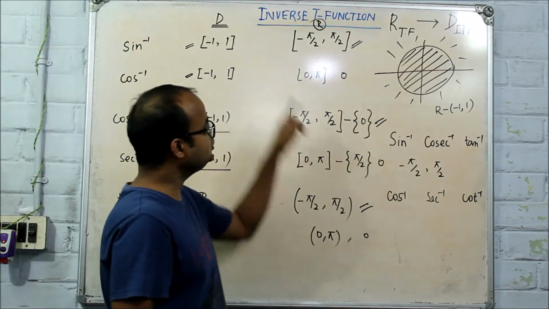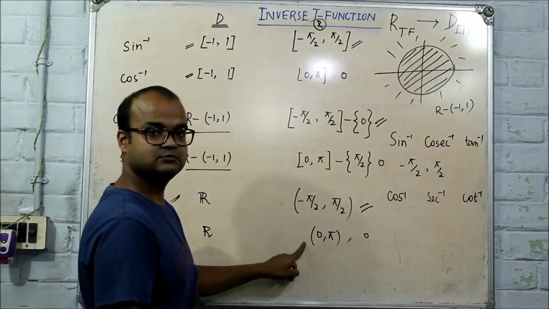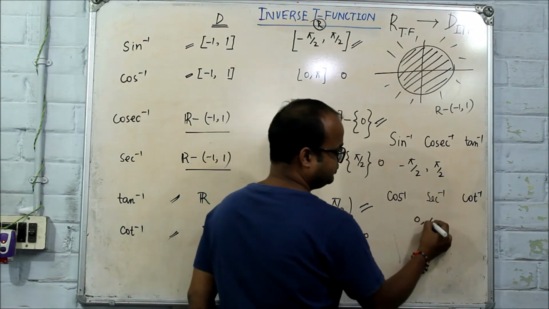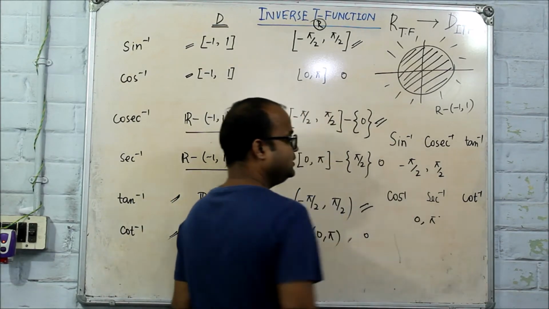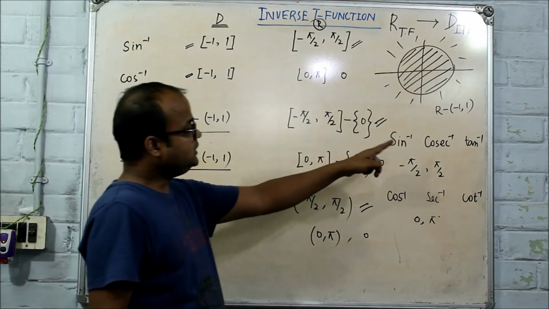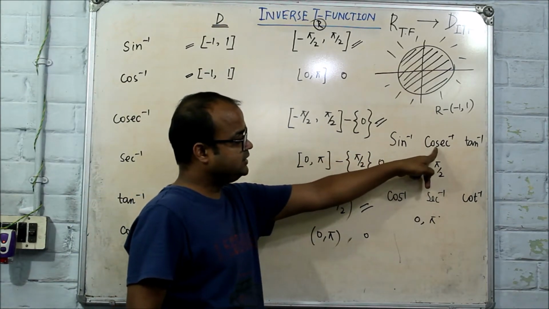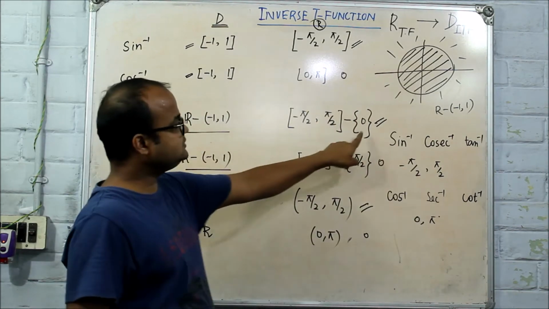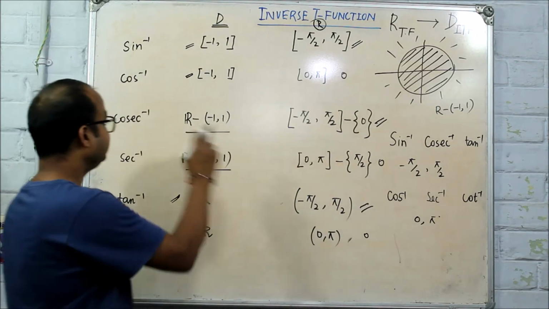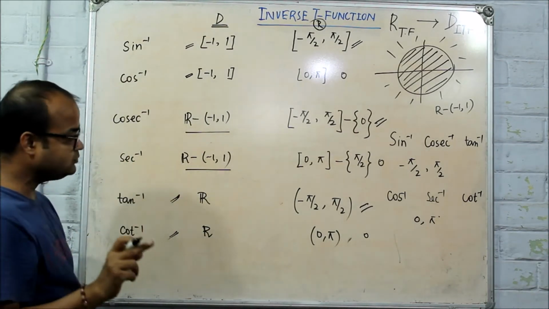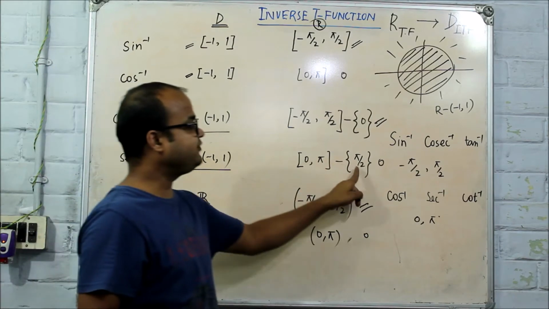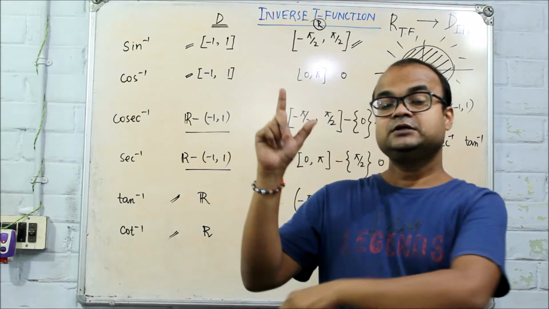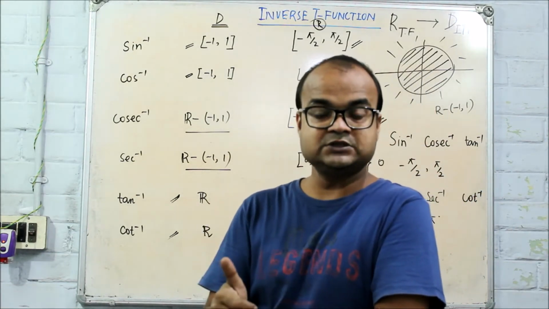And for cos inverse, sec inverse and cot inverse it is 0 to pi. Clear? Now look at the middle term, that is cosec inverse and sec inverse. For cosec inverse, minus 0 because the function is undefined at 0, and sec inverse is undefined at pi by 2. So we remember it like this: sine inverse, cosec inverse, tan inverse.